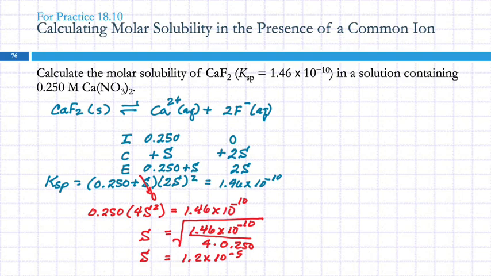What'd the solver give you? The same? 1.21 times 10 to the minus something. 1.21. And this is 1.208.